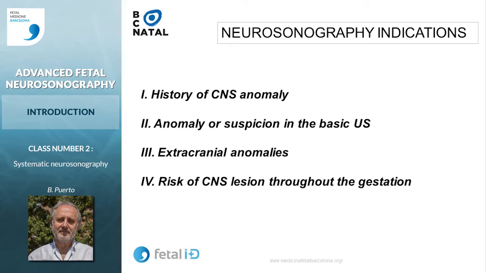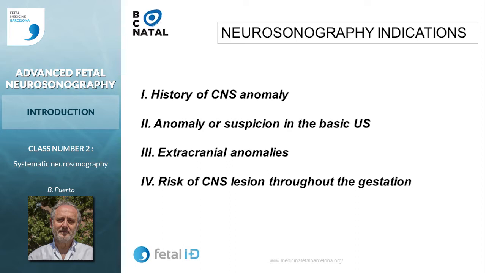The first one is related to history of central nervous system anomaly in the family. The second one is the most important one, and are the ones in which in the basic ultrasound an anomaly was detected. The third group are the extracranial anomalies, such as syndromes, and anomalies in which there is a risk of injury of the central nervous system.